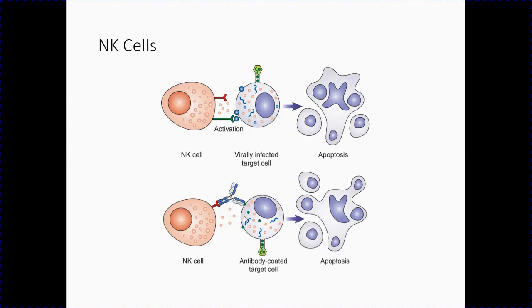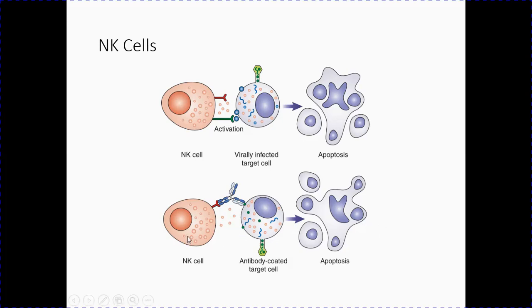So we have the antigen presenting cell, and it brings the antigen up to the surface, or there's surface antigen. There's antigens on the surface of this cell that bind to a very specific antibody. The antibody binds to the antigen on the surface of this cell, and it's stuck.